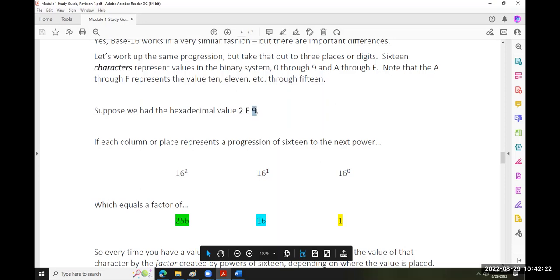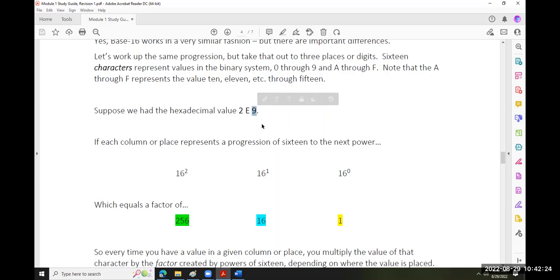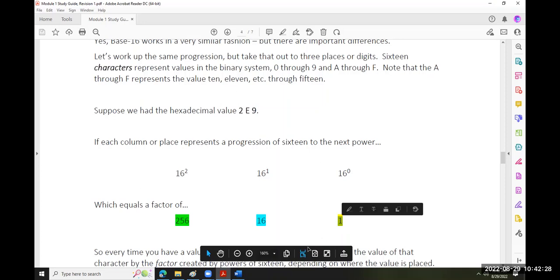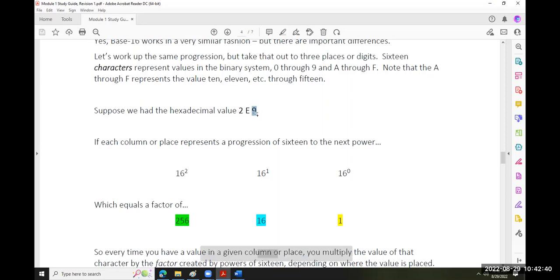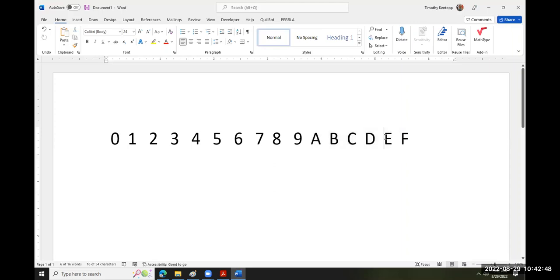Now I have 9 listed here, which means I have to take 9 and multiply it by what? 1. So what's 9 times 1? 9. So in the decimal system, what does this first column represent? 9. But let's take a look at this next one. Echo is 14.